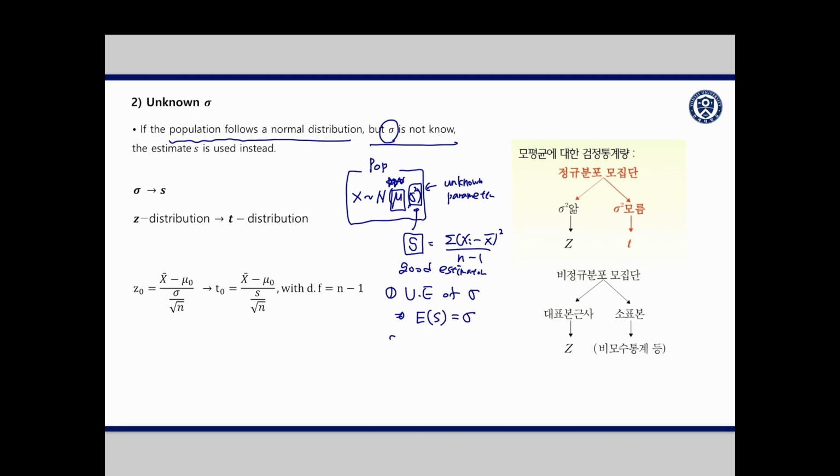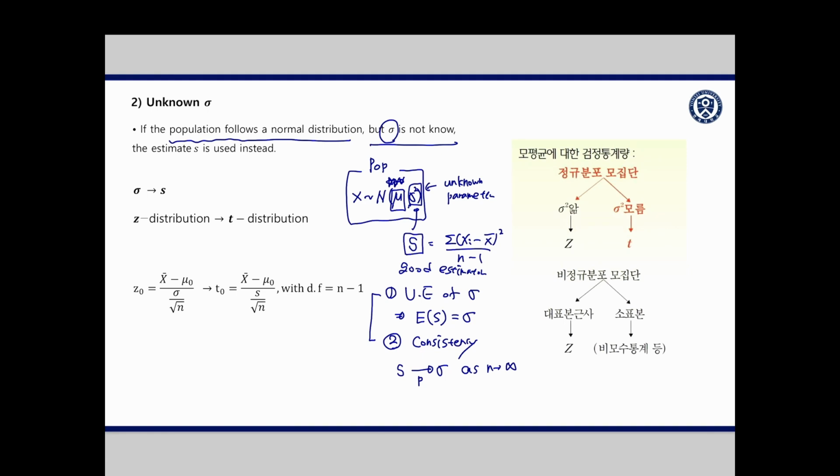And it satisfies consistency. In other words, when the sample size increases, the sample standard deviation converges in probability to sigma.